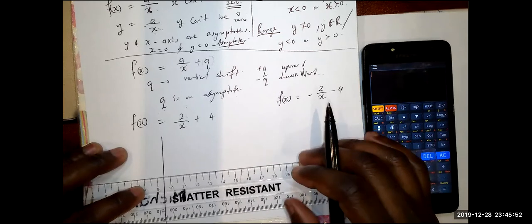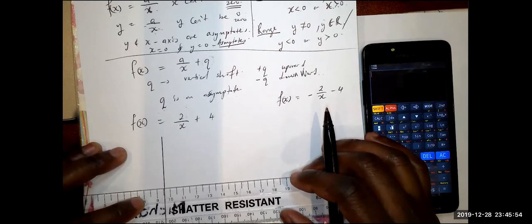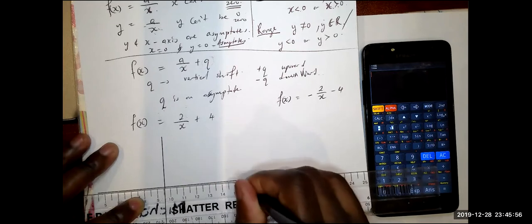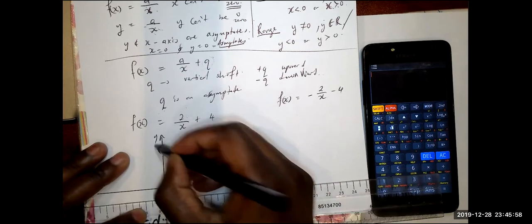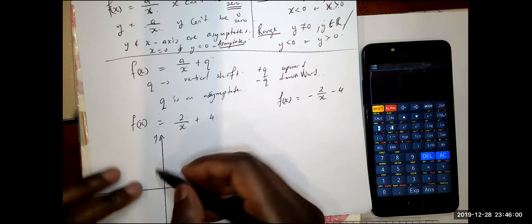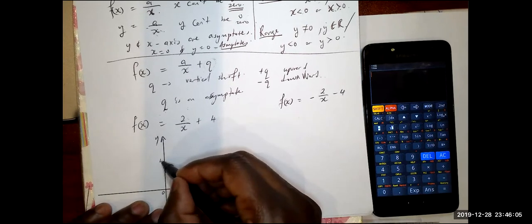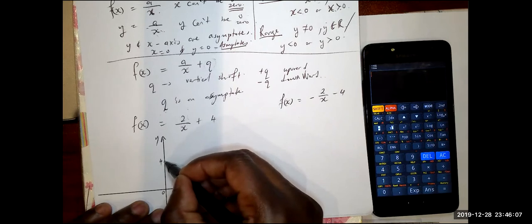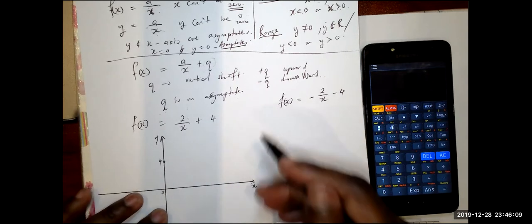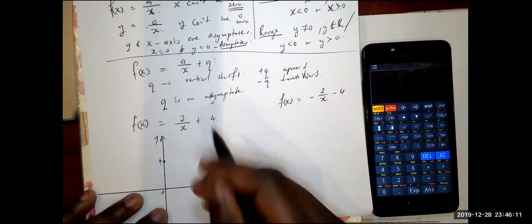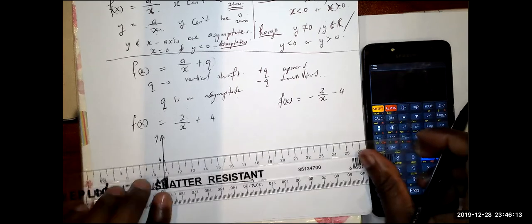We said plus 4. Now, where are we here? We have 0 here, and we put our 4, and we know very well that our 4 is our new asymptote. In terms of x it is still 0, so we don't need to stress here.